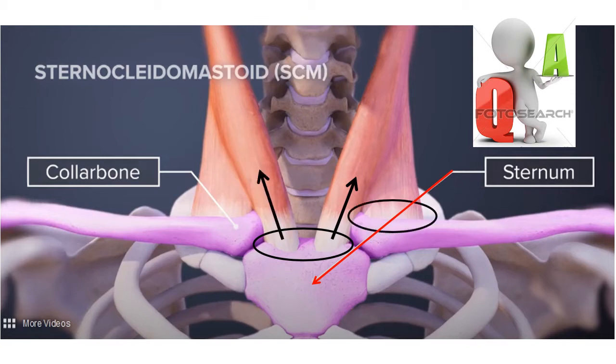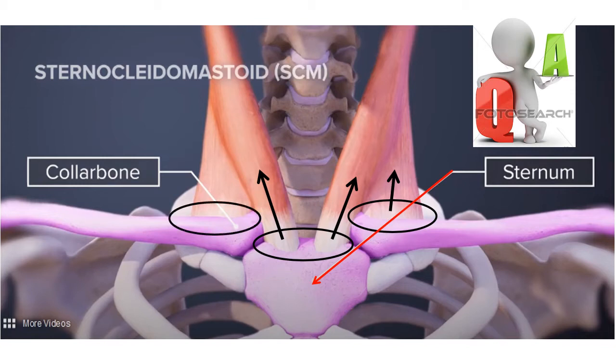And then we have this oval shape. What is this? This shape is indicating that the other part of the sternomastoid is coming from the medial 1/3 of the clavicle, sending up what is called the clavicular head.